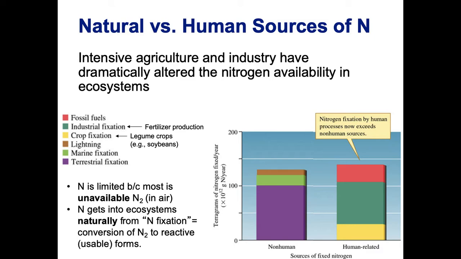And then the red is burning fossil fuels. So when combustion occurs, that's a lot of energy, and nitrogen can be fixed in that process as well. And so what we see is that all of the sources of human fixation are higher in total than all of the non-human in our natural ecosystems of nitrogen fixation.